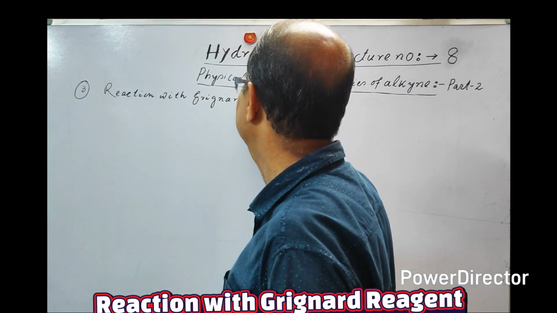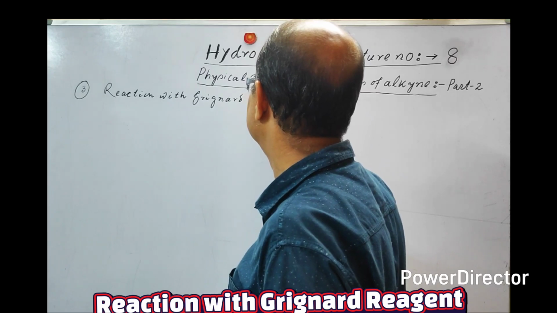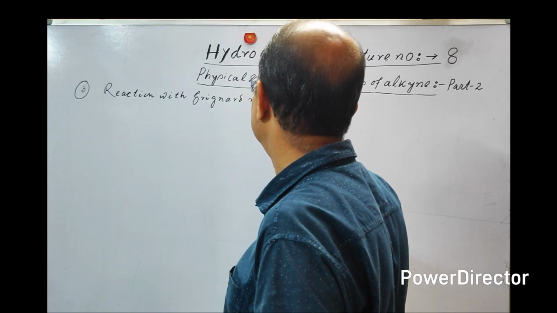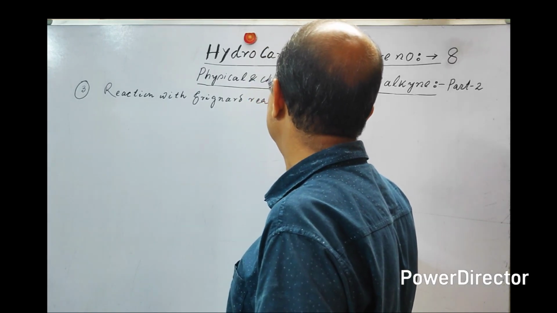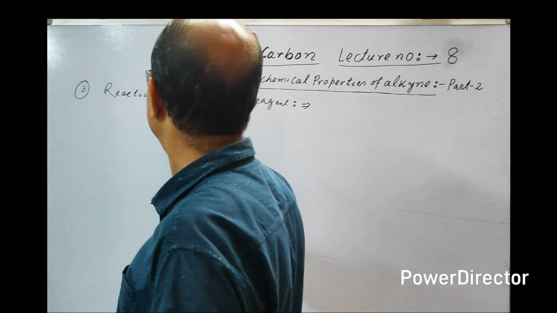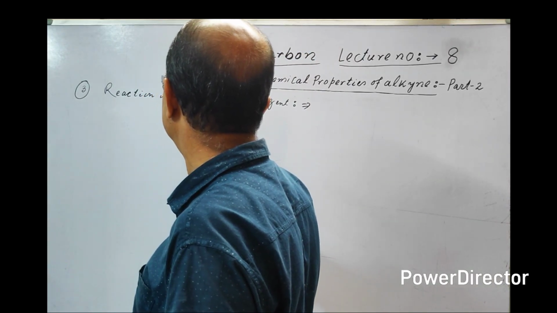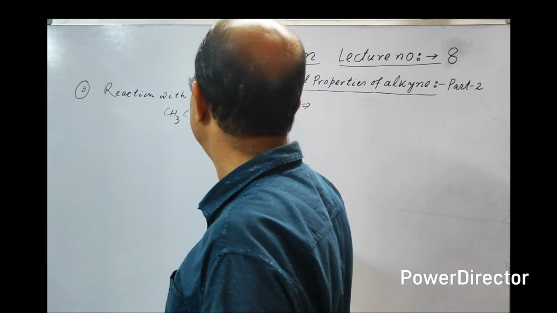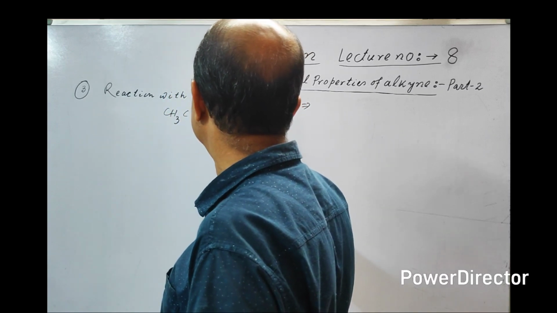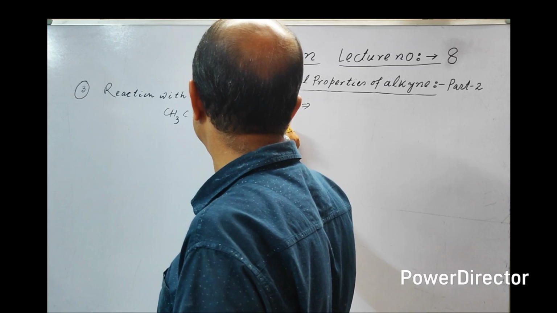Suppose you have taken this propyne, CH3C≡CH, and you are taking this Grignard reagent CH3MgBr.